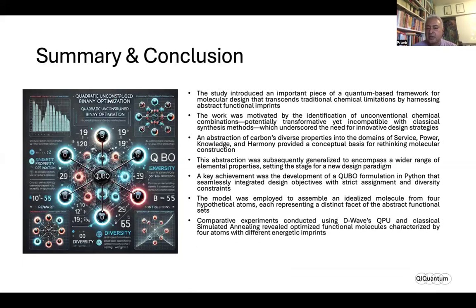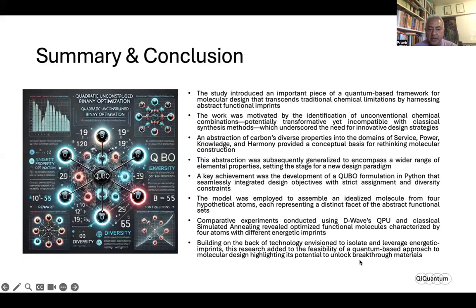Comparative experiments were conducted using D-Wave's QPU and classical simulated annealing, which revealed basically functional molecules characterized by four atoms with different energetic imprints. There were two different optimized molecules that each process generated. And the value of that molecule, given the constraints and the objective that I had set up, was similar, was in the ballpark, but yet the simulated annealing approach appeared to have created a molecule of a higher value.